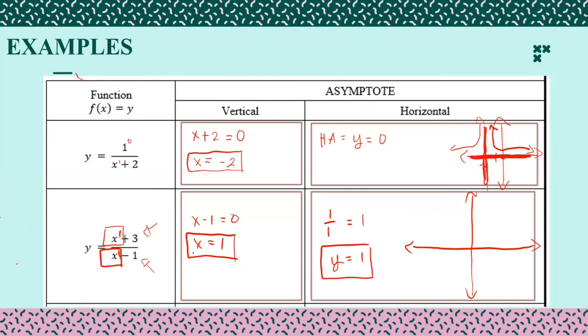The vertical asymptote is positive 1. So x is positive, so this is the positive side. Positive 1, positive 2. Since it is just positive 1, the vertical asymptote is here.